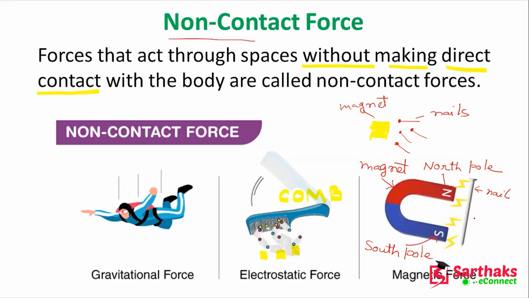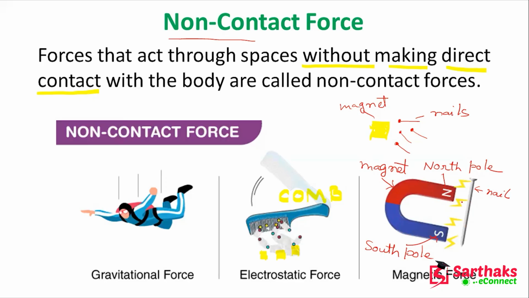And here, if you are keeping one nail, you can see that this nail will be attracted by the magnet. But this nail is not in contact with the magnet. The magnet is applying the force. Attracting means what? It will pull the nail. So it is just applying the force, pull or push, as I have told you.